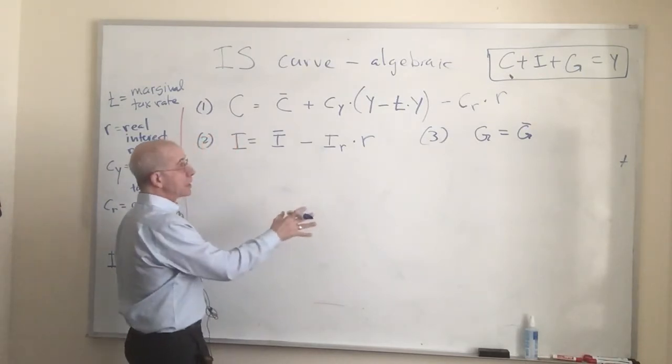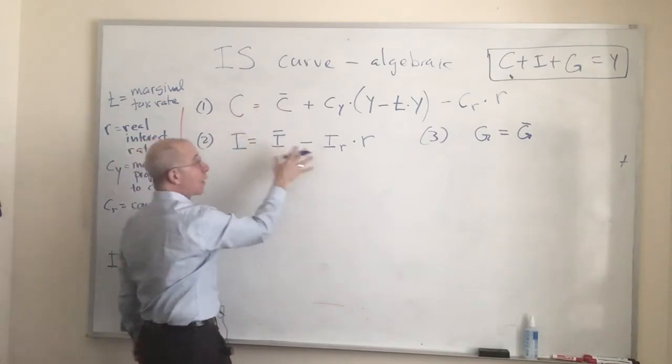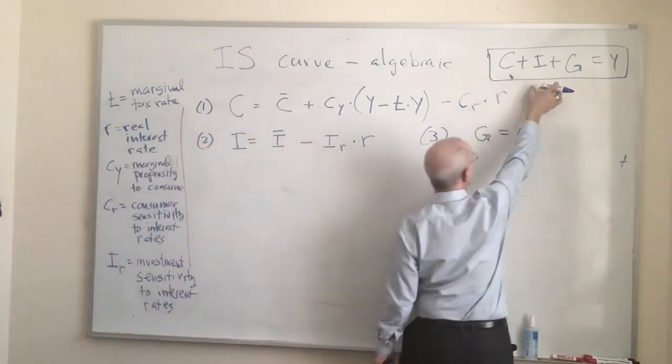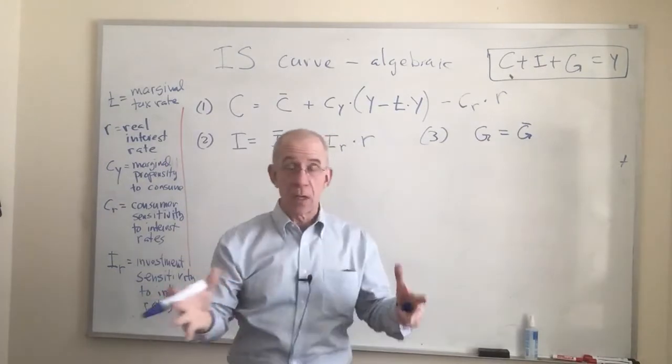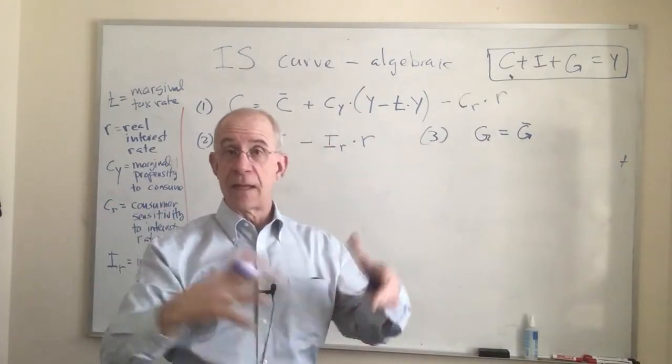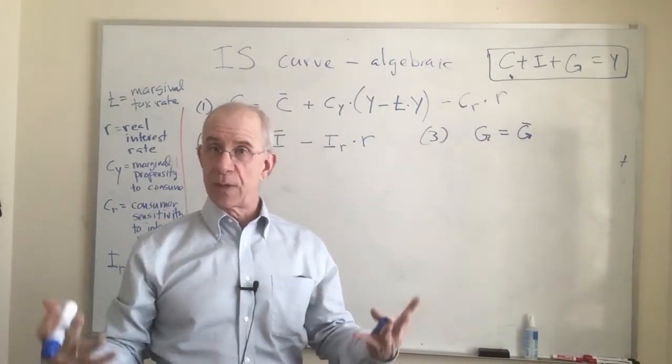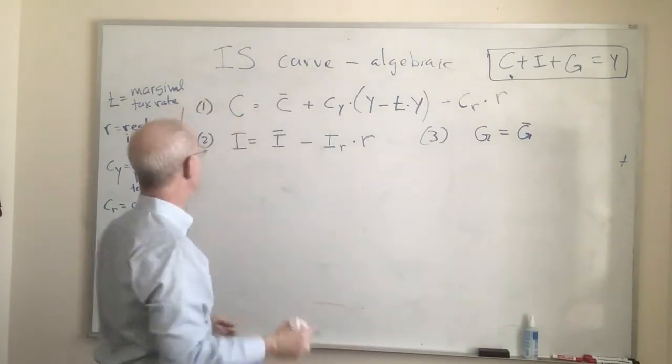Now what we want to do here is to take these equations and put them into this relationship. So I'm just going to plug in and then try to find an expression that's related to the IS curve.